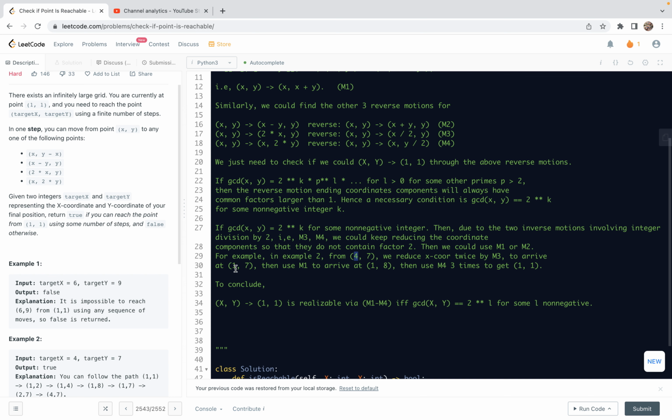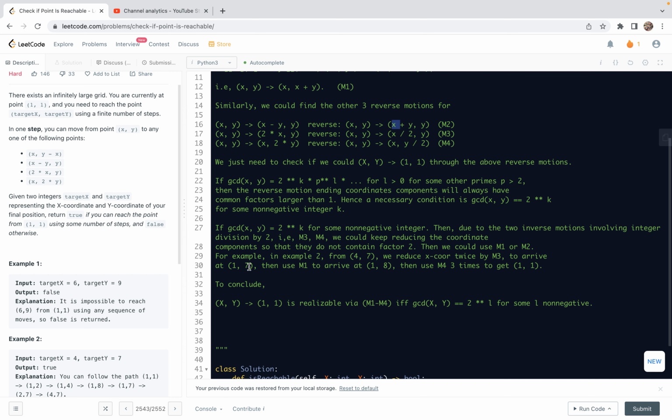So here we know that the x coordinate still contains powers of 2. Then we can use M3 to reduce this x coordinate twice. So we get 1, 7. Now at this stage, both x and y coordinates contain no factors of 2, right? Because the x coordinate is already 1, we do not need to perform any reduce. But we want to reduce the second component.